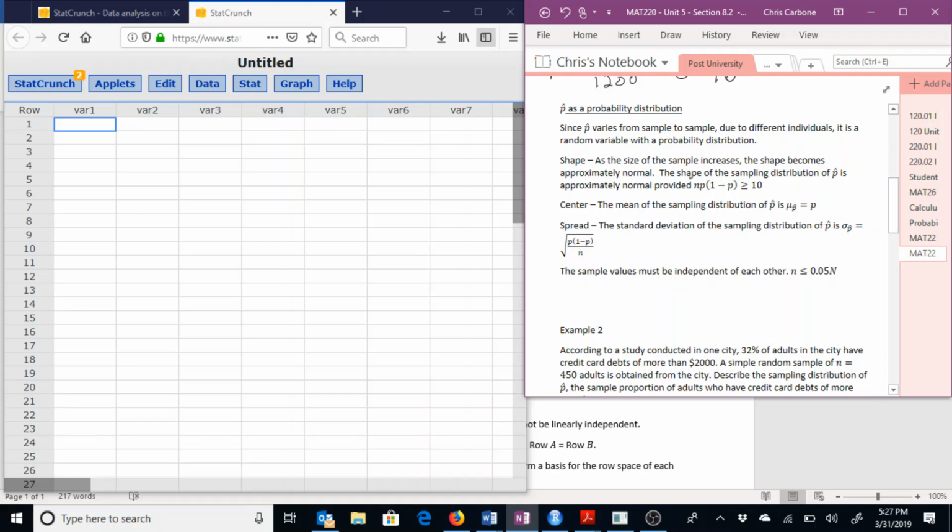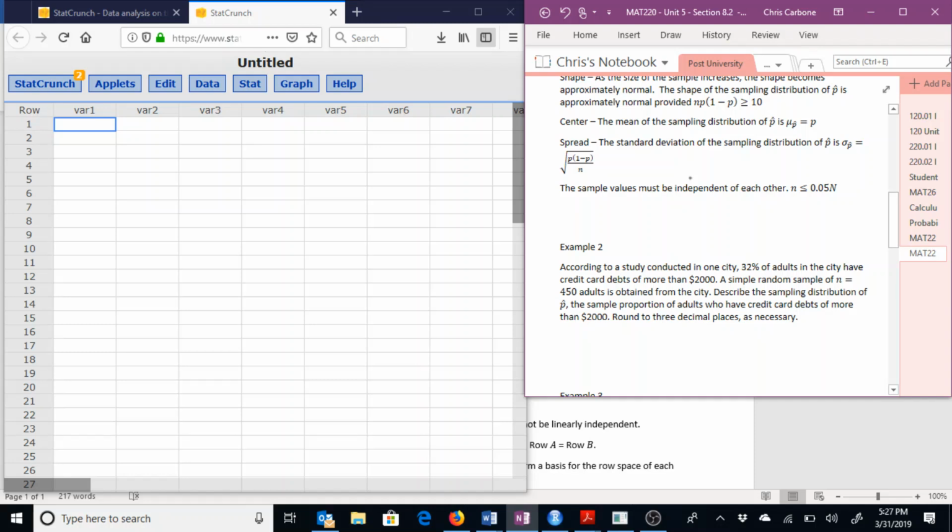The mean of the sampling distribution is going to be equal to the population proportion. The spread is going to be equal to the square root of the population proportion times 1 minus the population proportion, divided by the sample size.